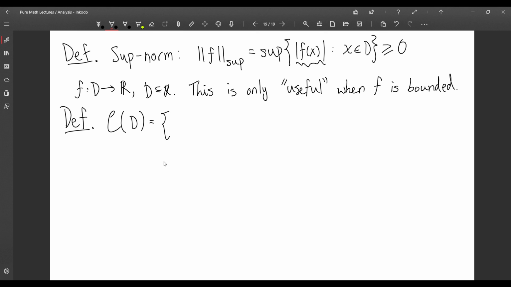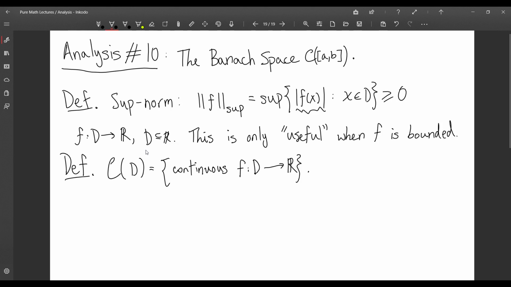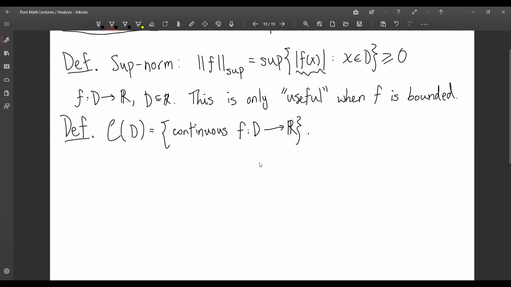This is just the set of continuous functions from some domain, which is a subset of R again, to R. Okay. And in particular, we're going to be studying C of this closed interval [a,b].